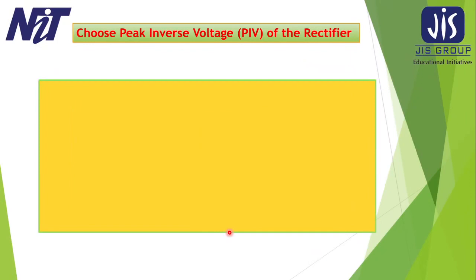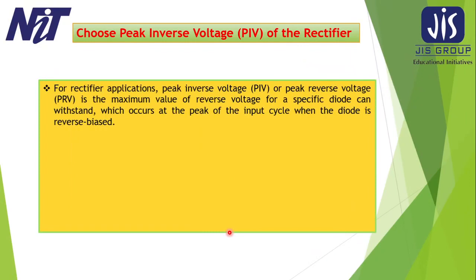Now, how to choose the peak inverse voltage, PIV, property of your rectifier. For a rectifier application, peak inverse voltage PIV or peak reverse voltage PRV, both are the same, is the maximum value of reverse voltage a specific diode can withstand.